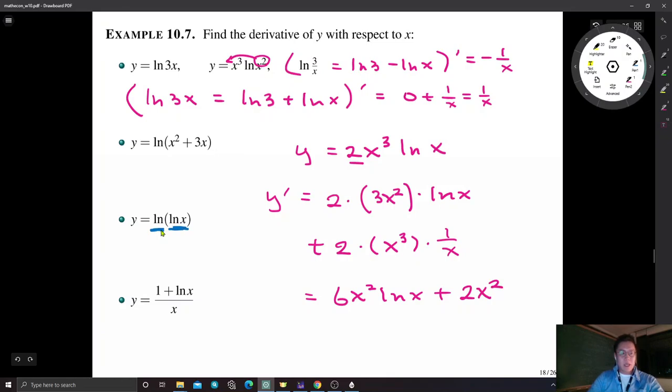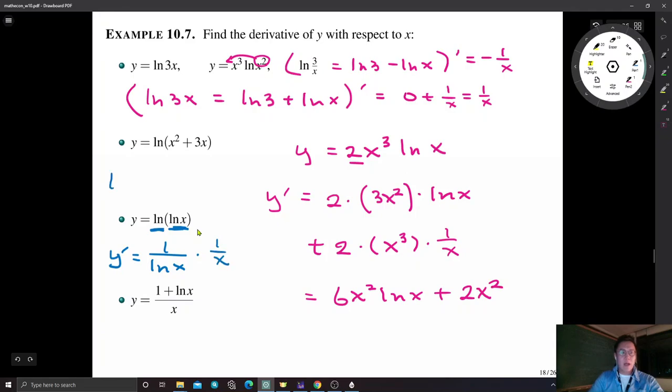So using the chain rule, y prime is going to be, I first take the derivative of the outer function and leave the inside function alone. So that is going to be 1 over ln x. And then multiply by the derivative of the inside, that is 1 over x.